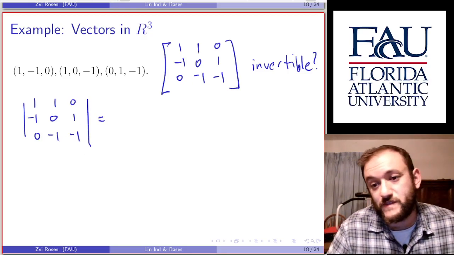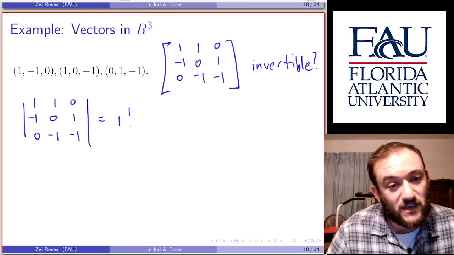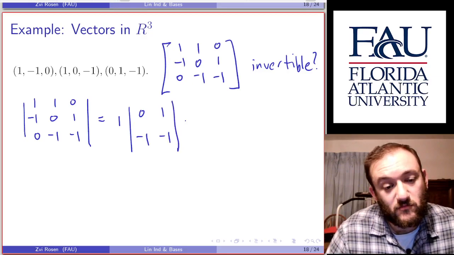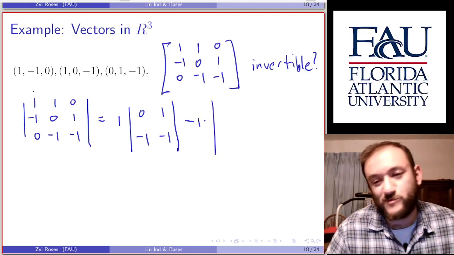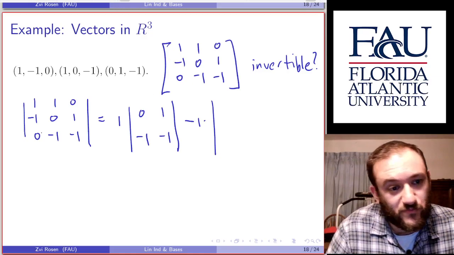Okay, so we can use the cofactor expansion. So we have 1 times this determinant, and then minus 1 times the, so right now, sorry, I should be more explicit. I'm going along the first row.